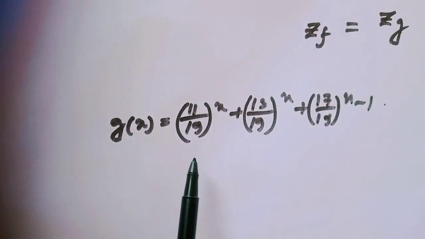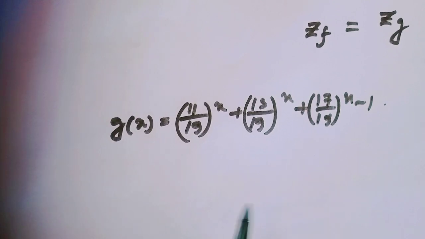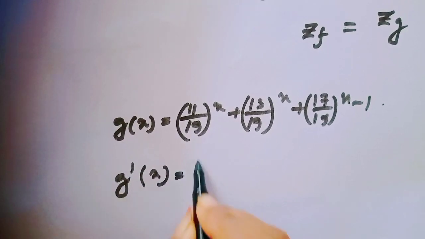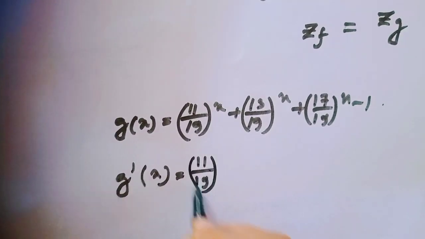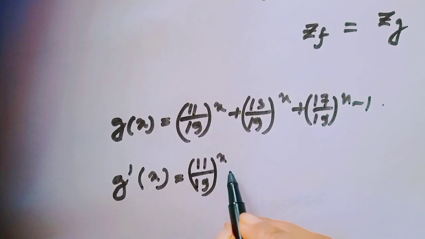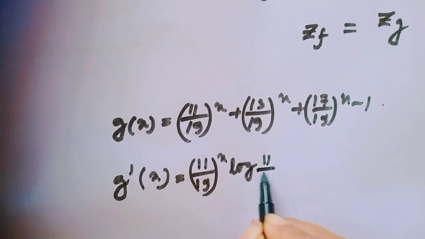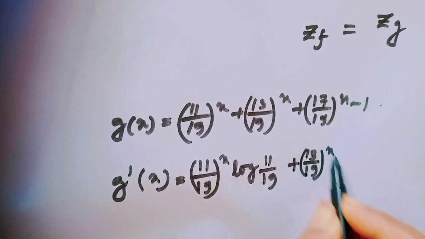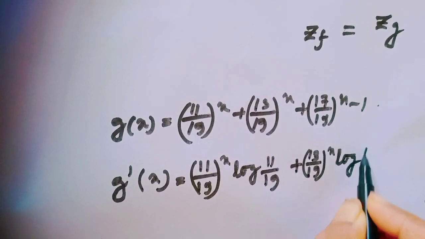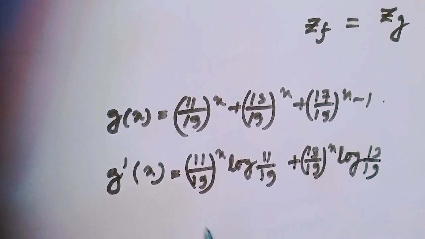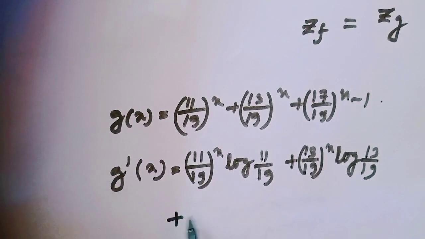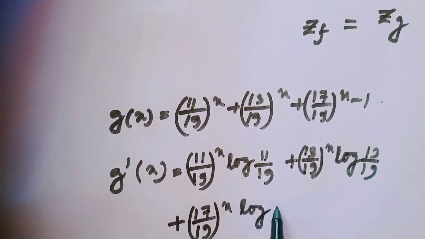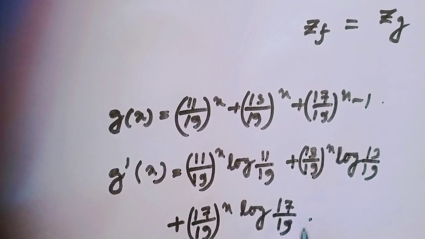Since given g of x equal to this, g prime of x would be (11 over 19) to the power x times log of 11 over 19 plus (13 over 19) to the power x times log of 13 over 19 plus (17 over 19) to the power x times log of 17 over 19.